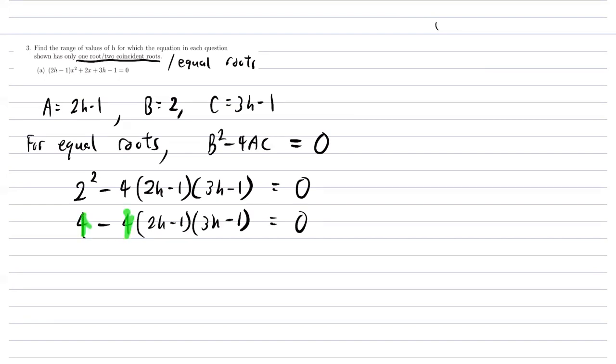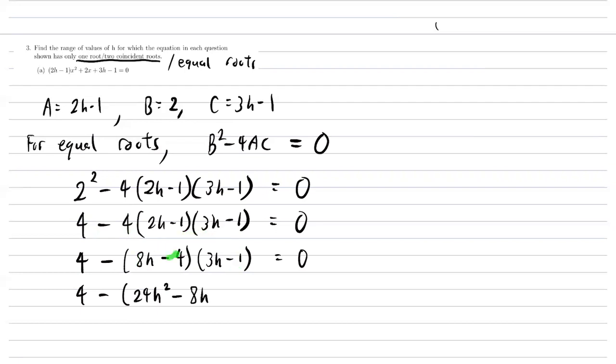I noticed that there's a 4 on both sides. Okay, let's say I didn't cancel it off. The numbers will get bigger, but it will still be solvable. So 4 minus, distribute the 4, then I get 8h minus 4 times 3h minus 1. 4 minus, distribute, so 8h times 3h, 24h squared. 8h times negative 1, negative 8h, minus 4 times 3h, minus 12h, minus 4 times minus 1, plus 4 equals 0.